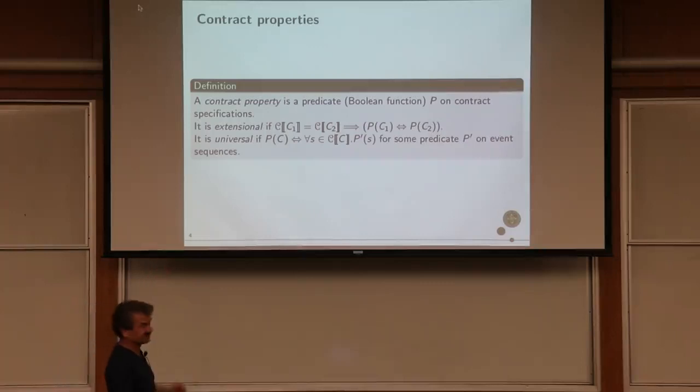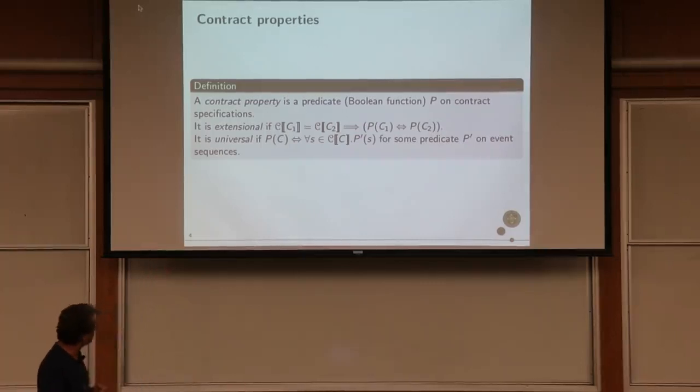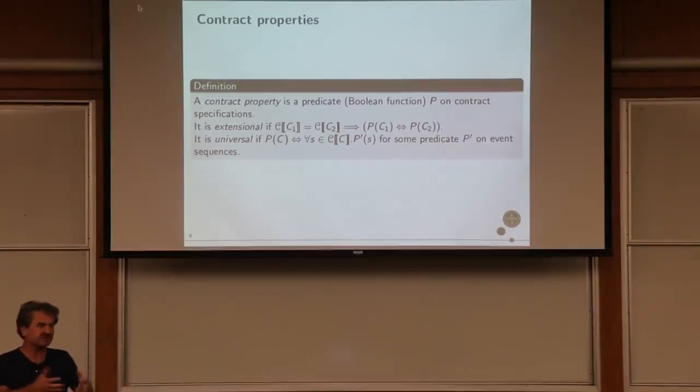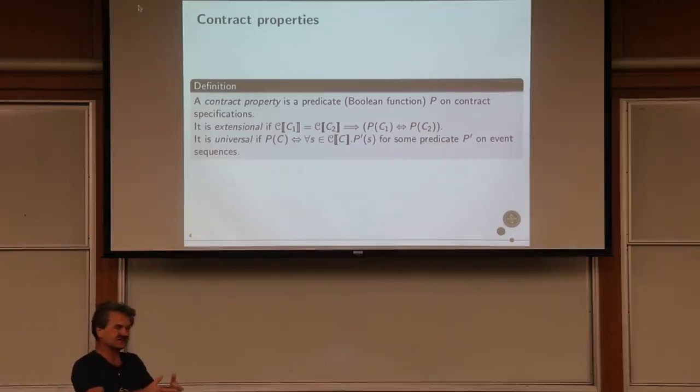It's an extensional property if, whenever two different contracts denote the same set of event sequences, the property holds for both of them or none of them, okay? So in other words, it's what we usually call an extensional or semantic property.